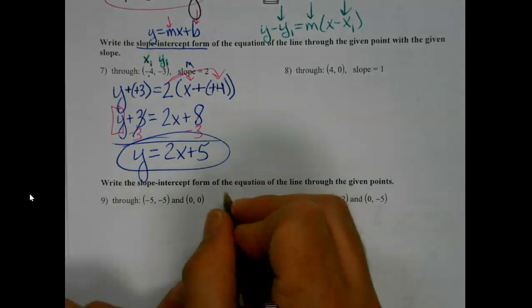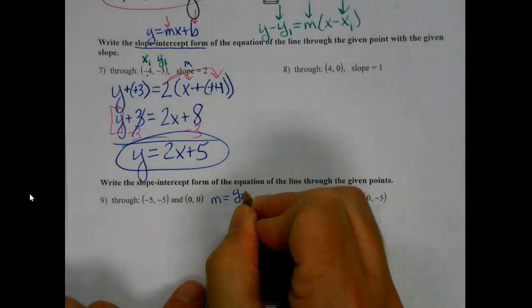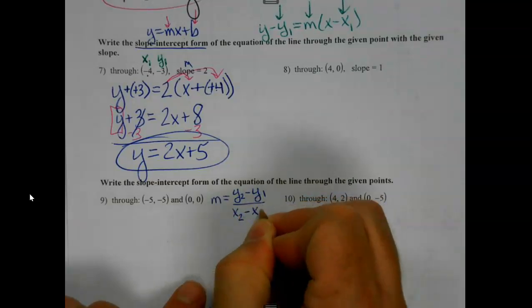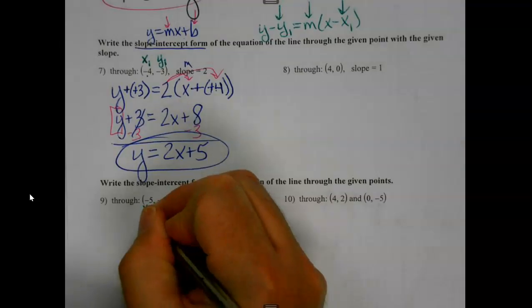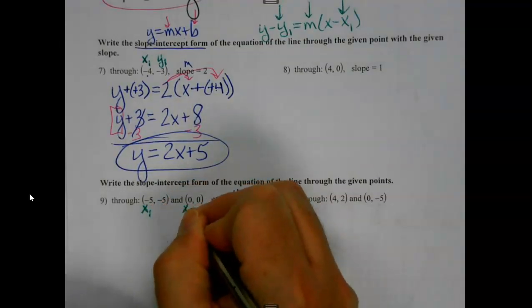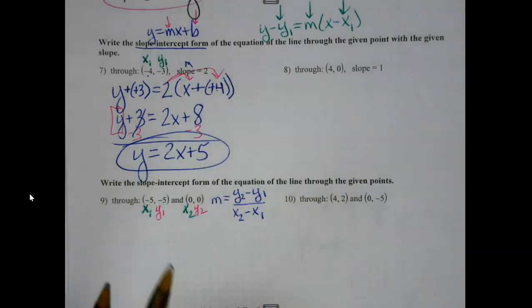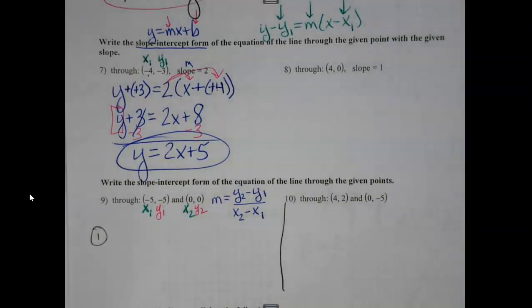So when I'm looking for slope, okay, there's my slope formula. So when I'm trying to do these, we get those in. My first job, I have several jobs this time, is to find the slope.